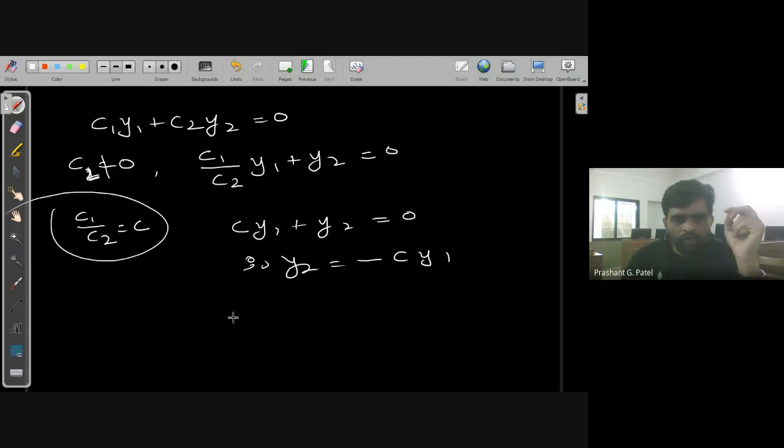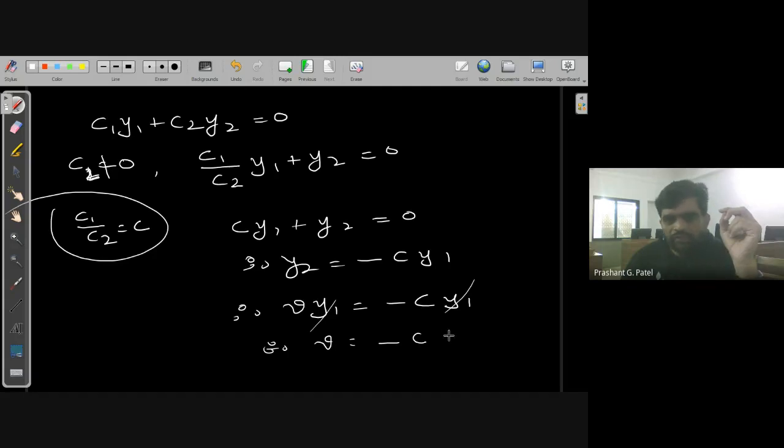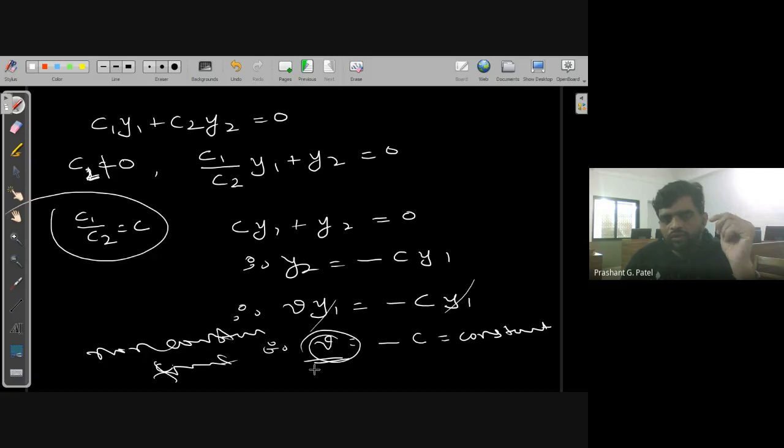What is the value of y2? We have it as v y1 equal to minus c y1. Then y1 cancels out because it is non-zero, it is a solution, and v equals minus c. Since c is a constant, v would be a constant, but we have v which is a non-constant function.